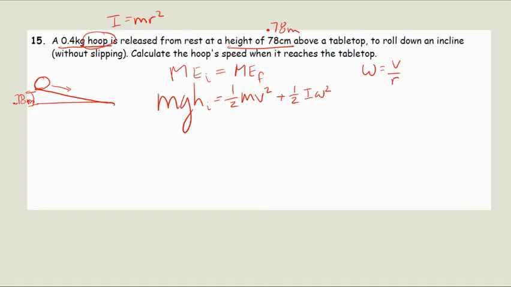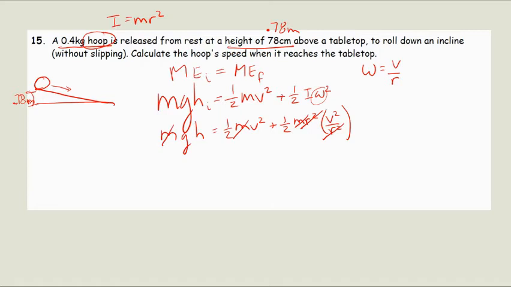So we end up getting mgh equals 1/2 mv squared plus 1/2 mr squared times v squared divided by r squared. Because remember, our omega is v divided by r. So our r squared ends up canceling, and our masses actually end up canceling.